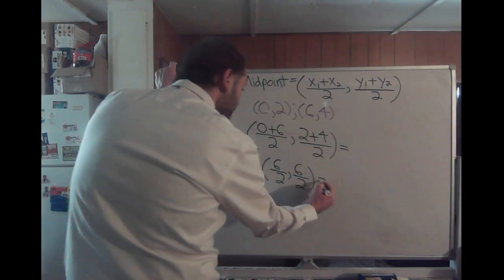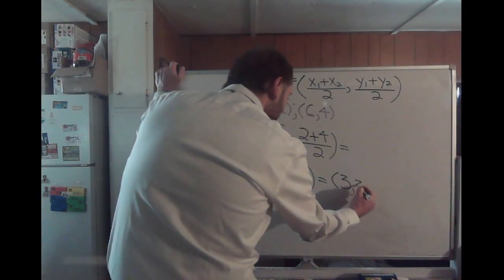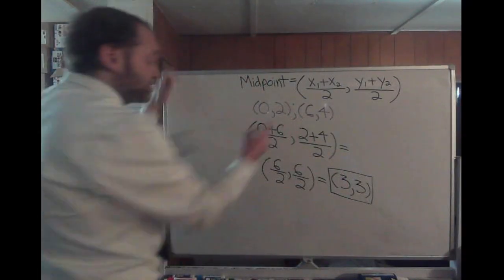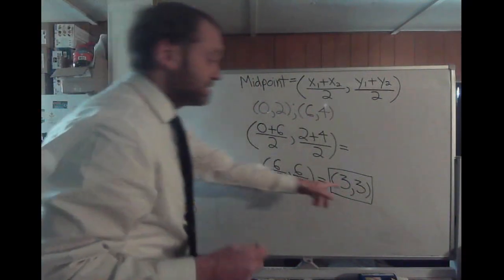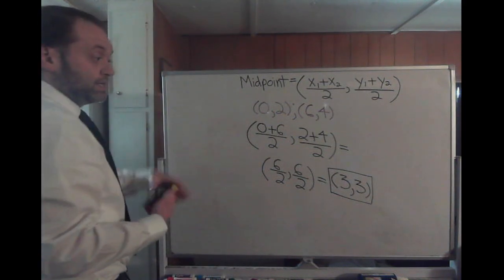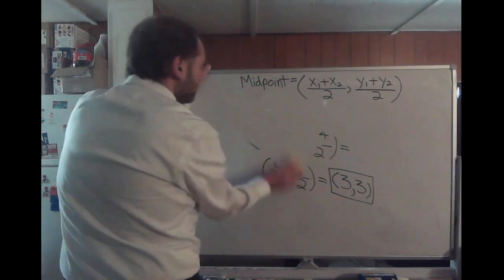So the coordinate for your midpoint would end up being 3, 3. So the midpoint of the coordinates 0, 2, and 6, 4 would in fact be the point 3, 3. So you see how easy that is? Got 5 more.